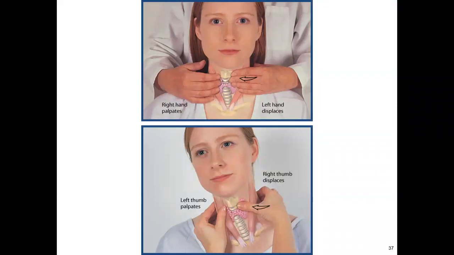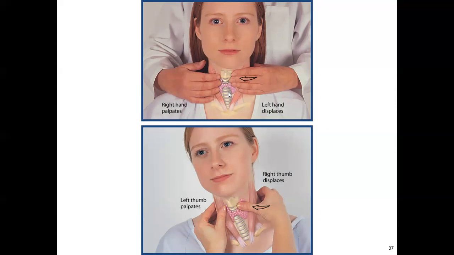It should be in the midline without any deviation left or right. In picture one, the healthcare provider is palpating the thyroid gland from the posterior aspect. But in this picture, the examiner palpates the thyroid from the anterior view.